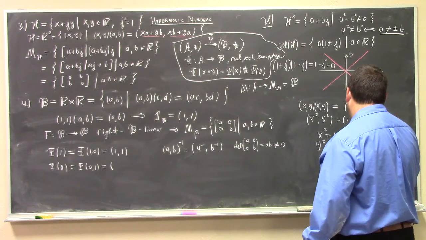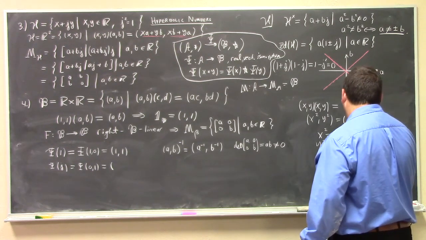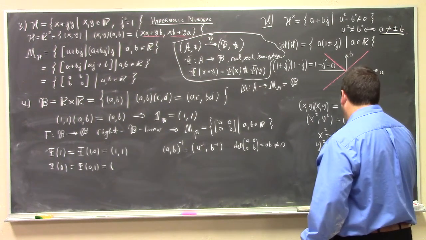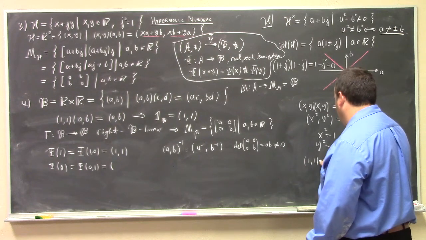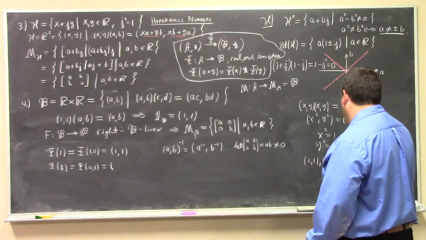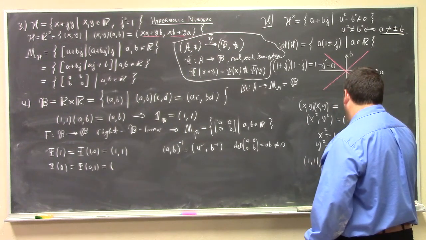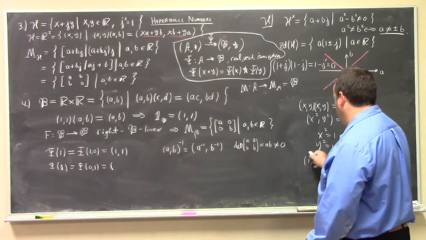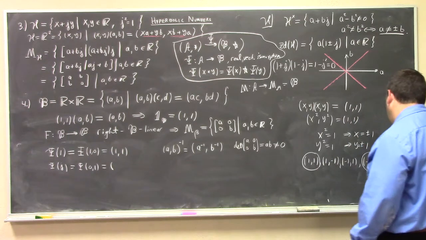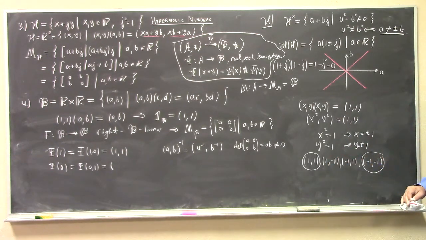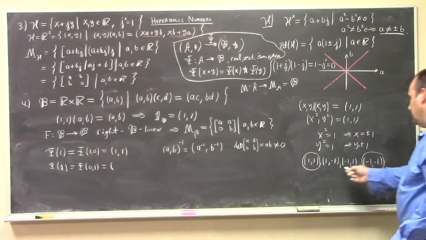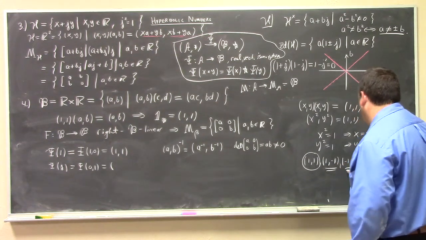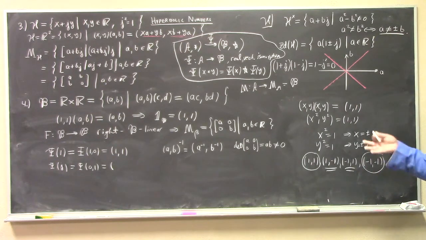You've got plus or minus 1 for this, and plus or minus 1 for that. So your choices are 1, 1; 1, minus 1; minus 1, 1; and also minus 1, minus 1. These two are out. You don't want those because those are actually the identity and minus the identity. Those are not the right choices. But you could use either this or that as your quote-unquote j.